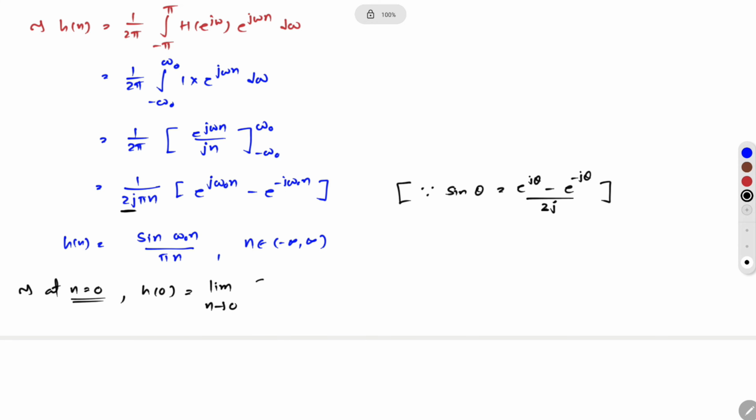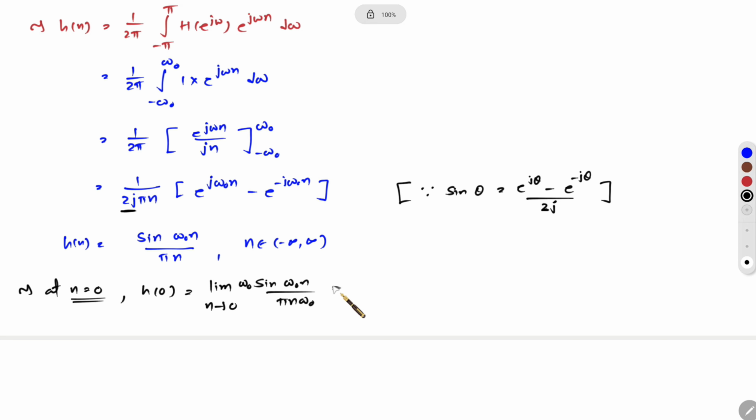Here we have sine of omega naught n divided by pi n, right? So to solve this, what can we do? We can multiply by omega naught and divide by omega naught.